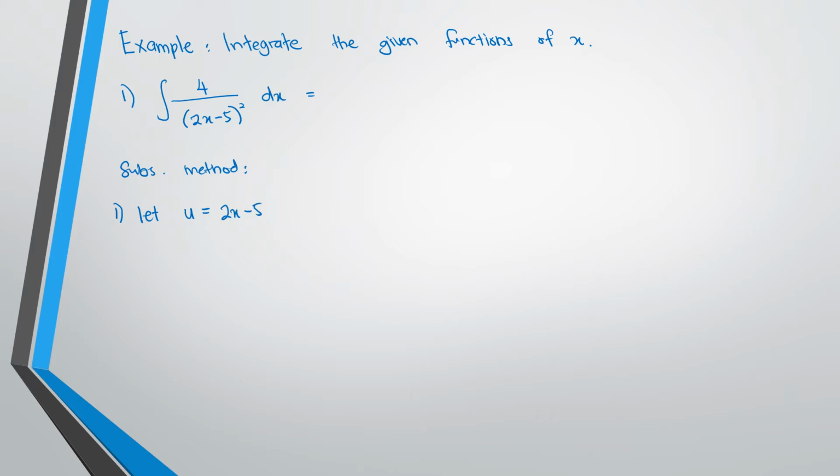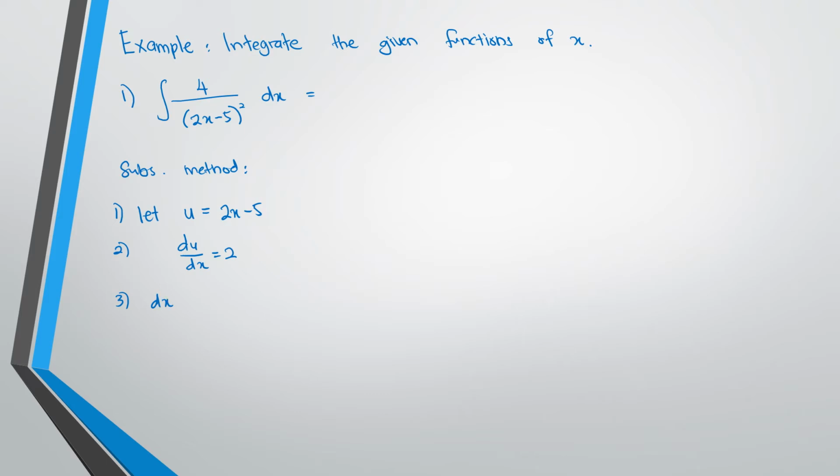Second step, you have to find the differentiation. So du over dx equal to 2. Differentiate 2x, you get 2. Differentiate -5, 0. Third step, you want to find dx in terms of du.